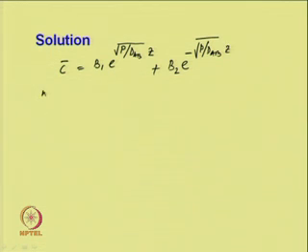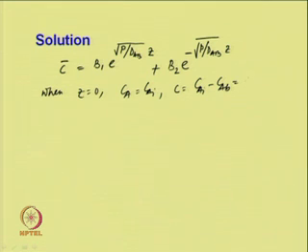We know that when z equal to 0, C_A will be C_AI and C will be C_AI minus C_AB is equal to C_I. And when z equal to infinity, C_A will be C_A bulk and C will be 0.